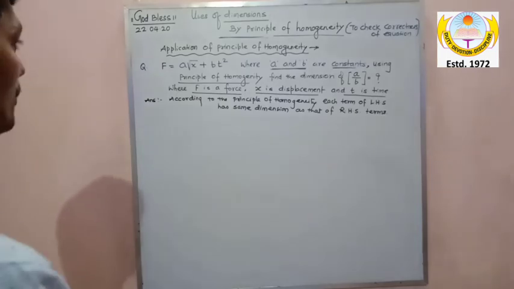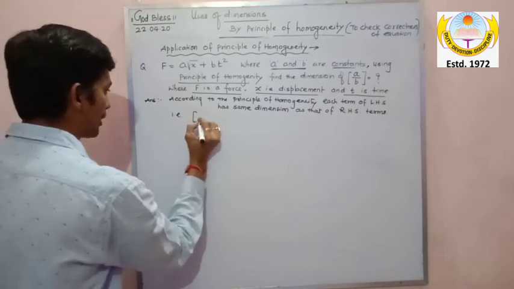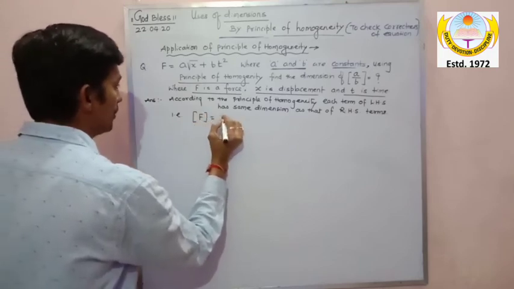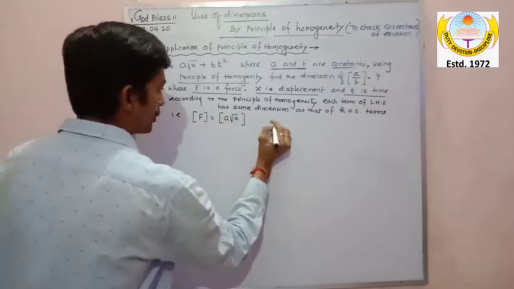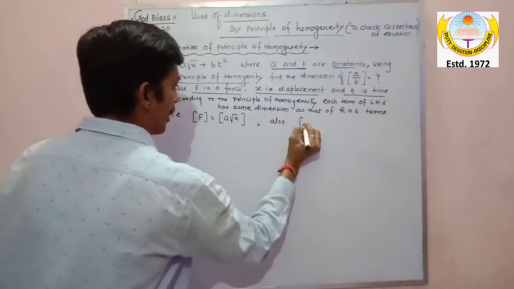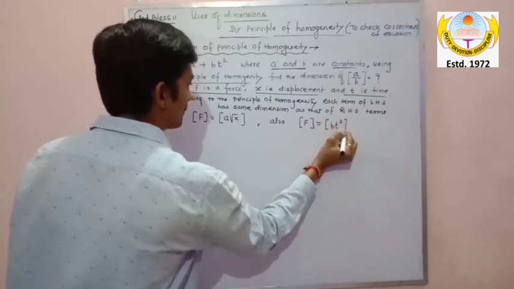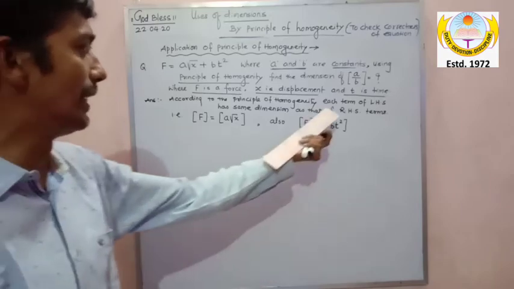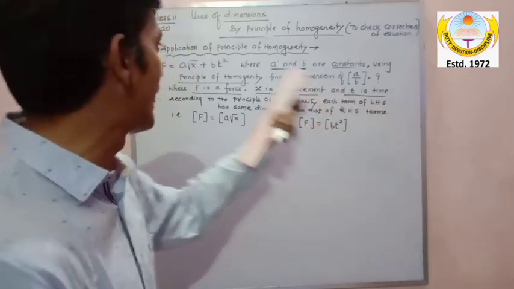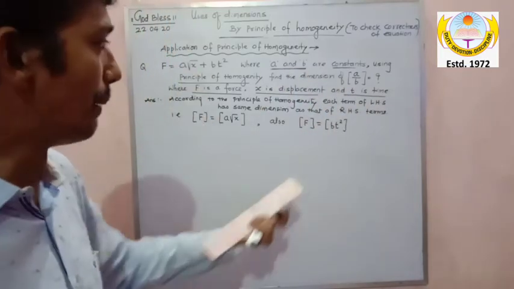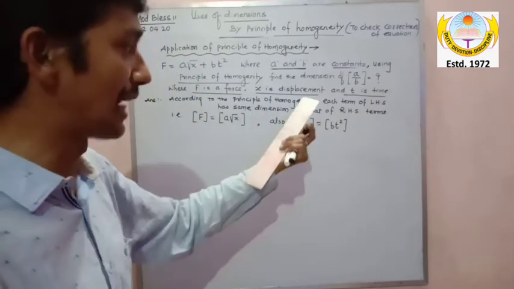Am I clear? Now, what is the meaning of this line? That is, dimension of force will be equal to dimension of a root x. Also, dimension of force is equal to dimension of b t square. This is the meaning of each term of LHS. No doubt that on the LHS there is only one term, no issue. But what happens if there are two terms on the LHS? So this language is important.